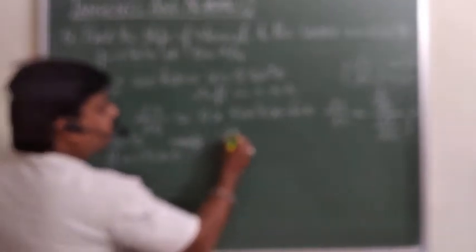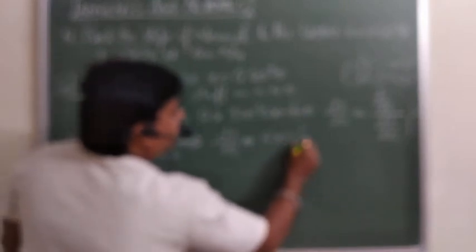Similarly, y is equal to a sin cube theta. You have to differentiate with respect to theta. So dy over d theta is equal to a into 3 sin square theta into the derivative of sin theta, which is cos theta.